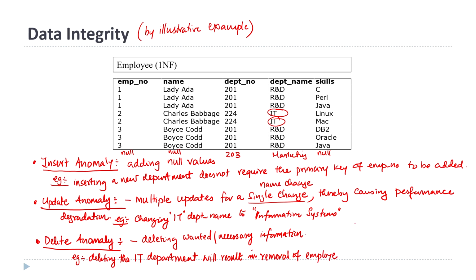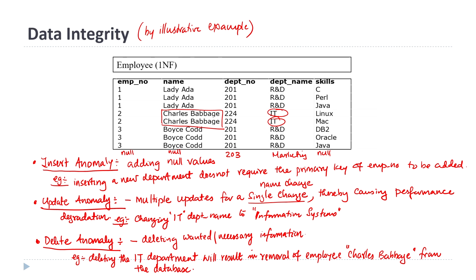Who will be removed out of this? If I remove the IT department, Charles Babbage will be removed from here. Employee Charles Babbage from the database.